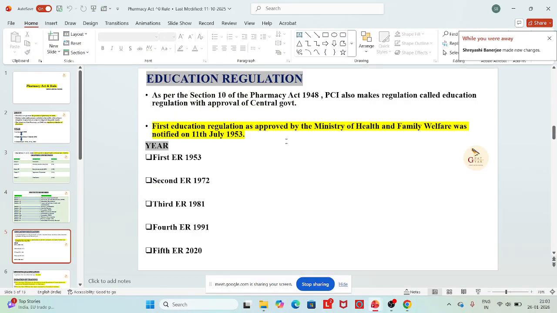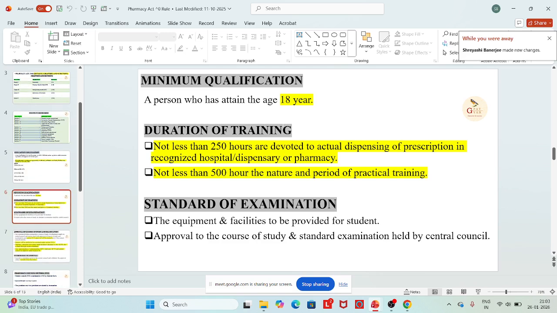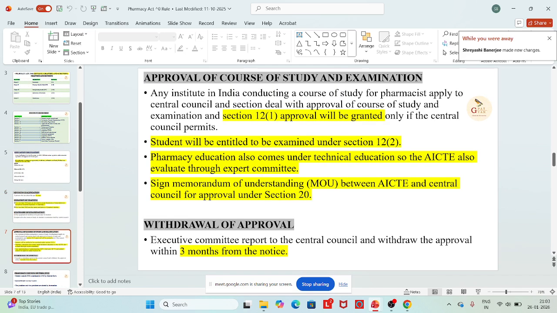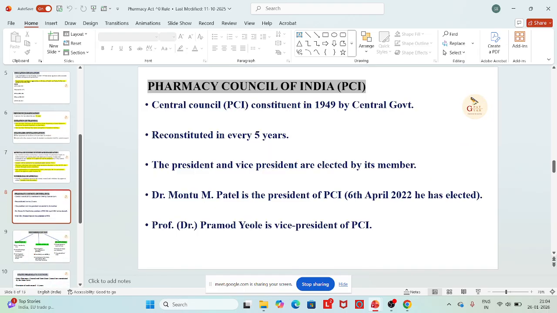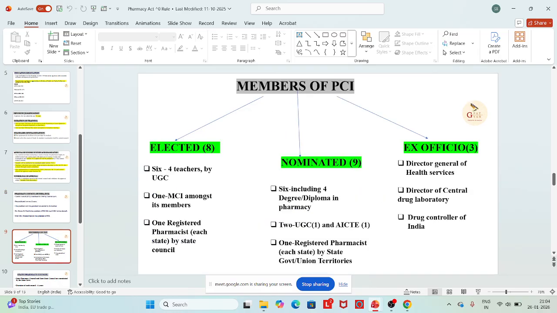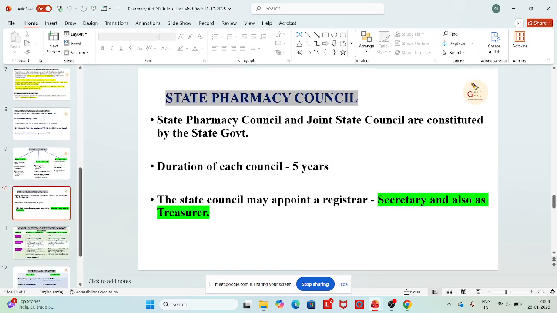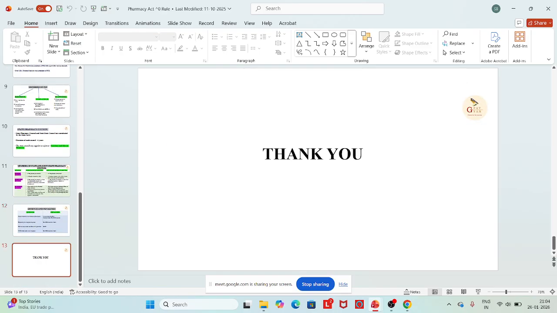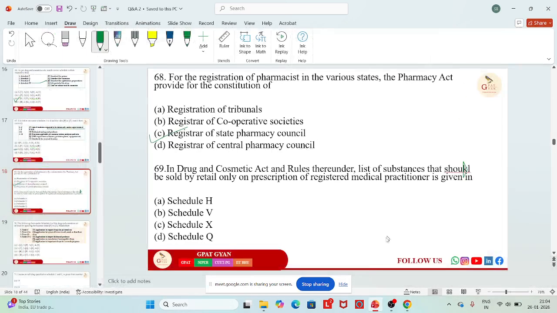It was in the education regulation portion, I think, the tribunal thing. I can't find it.